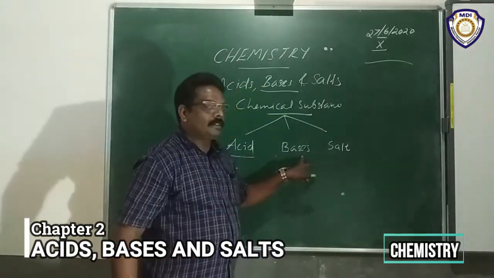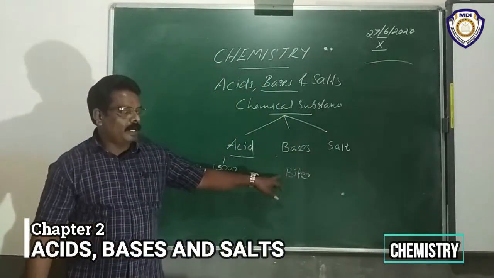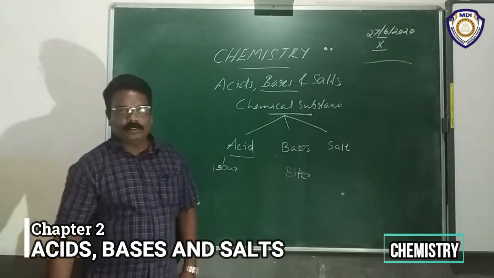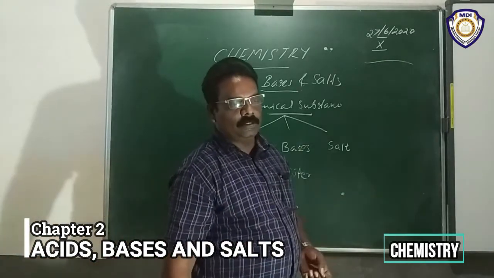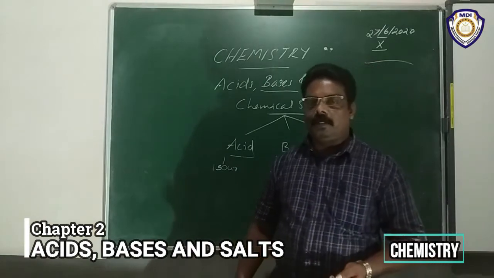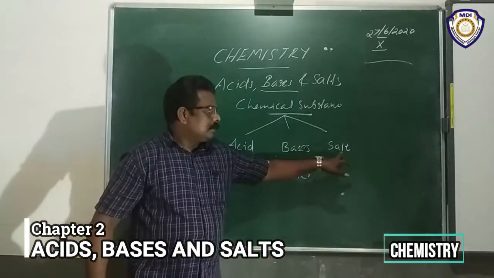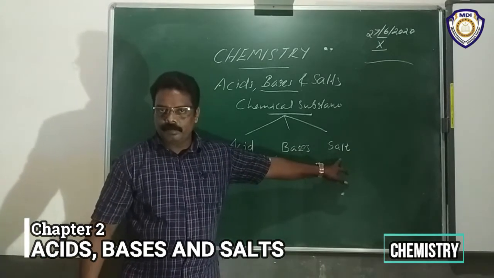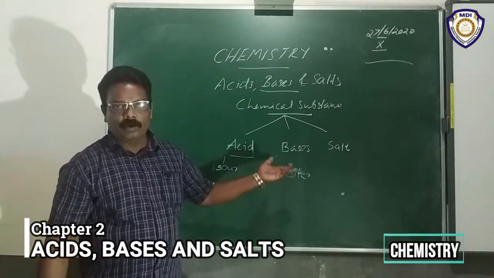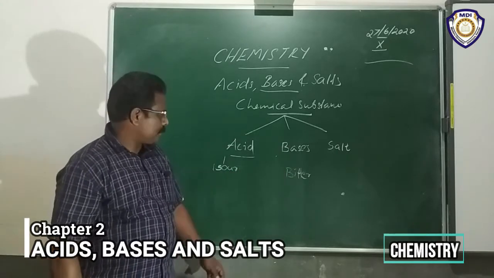And bases, like sodium hydroxide, potassium hydroxide, calcium hydroxide, then magnesium hydroxide, and so on. Salt form: one common salt is sodium chloride, NaCl. Then potassium chloride, magnesium chloride, and so on.